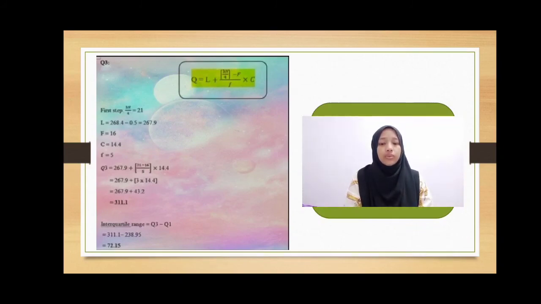L is 268.4 minus 0.5, which is 267.9. F is 19, C is 14.4, f is 5. For the value of Q3 we use the given formula: 267.9 plus, in brackets, 21 minus 19, divided by 5, times 14.4.